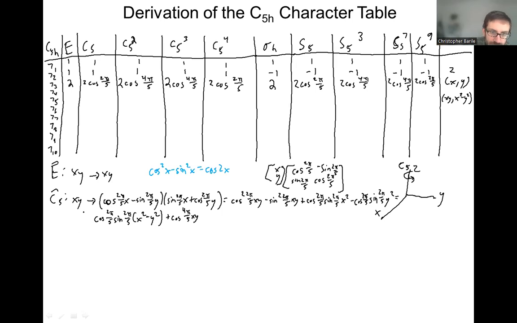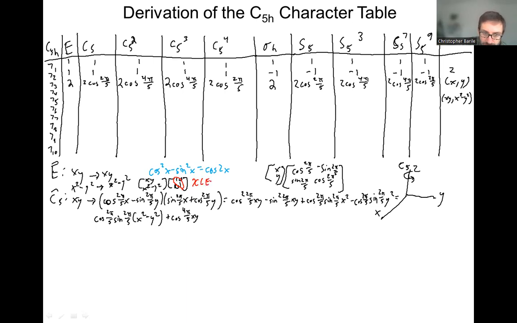So what that means is back up here on identity, we have to write x squared minus y squared goes to x squared minus y squared. And we're going to get an identity matrix that explains how xy and x squared minus y squared transform. And then we're going to take the character of that matrix, as we always do, which is the sum across its main diagonal.